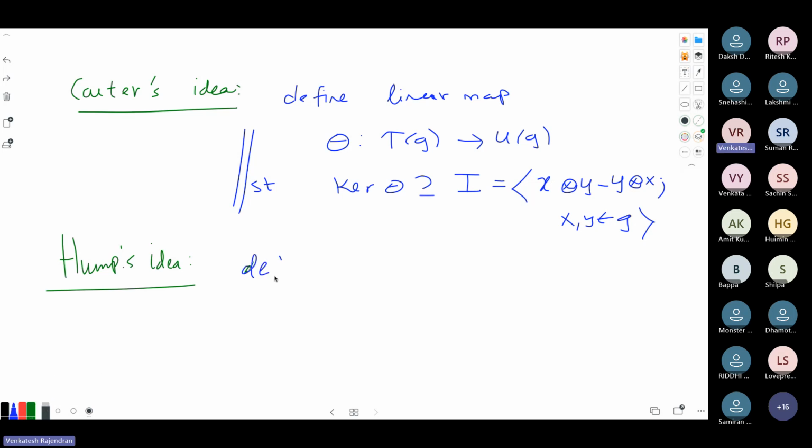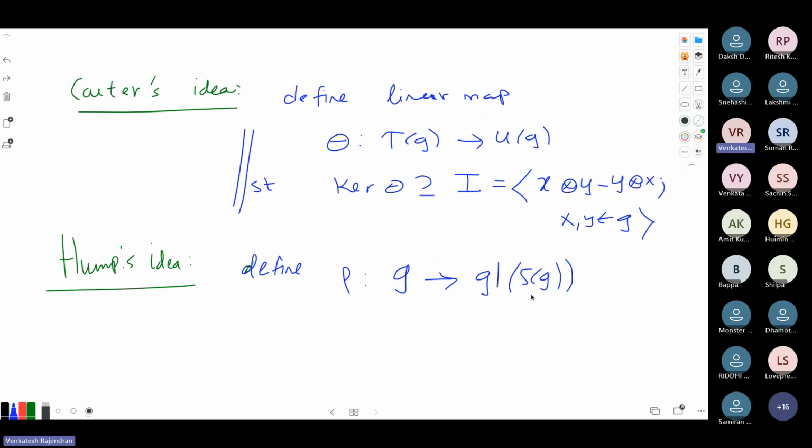So you define a representation, ρ, from G to GL of SG, satisfying some conditions.